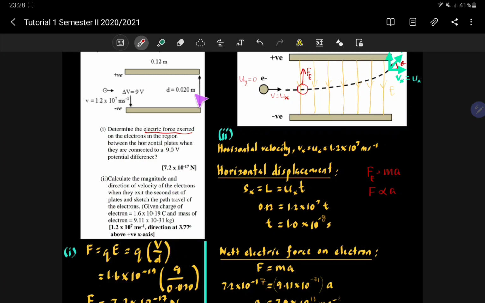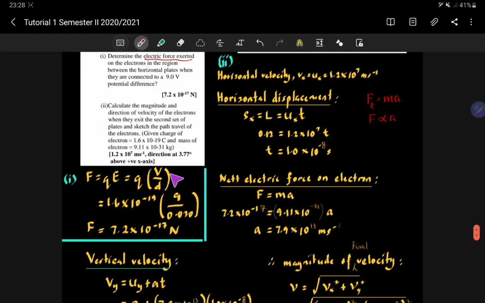The separation given is 0.020 meters, and the potential difference given is 9 volt. Substitute here, and Q is the charge of the electron, which is 1.6 times 10 to the power of negative 19. Substituting into this equation, you will get the electric force exerted on the electron equal to 7.2 times 10 to the power of negative 17 Newton.